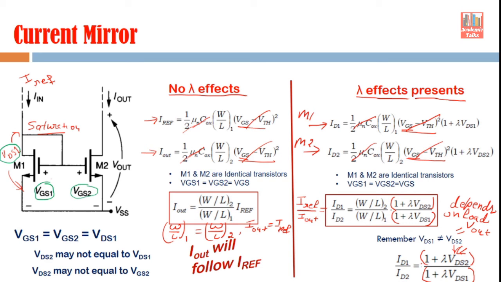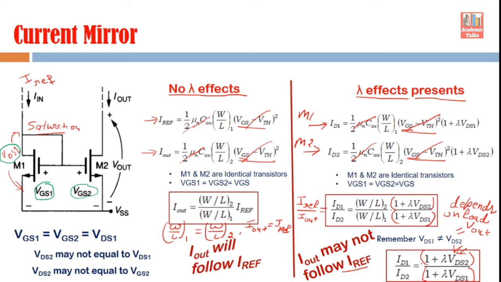So your output current may not follow the reference current exactly. This kind of problem is there, and it is a matter of serious concern, because our purpose is that whatever output current we want should be a multiple of the reference current, and the value of that multiple should remain constant throughout the operating range.